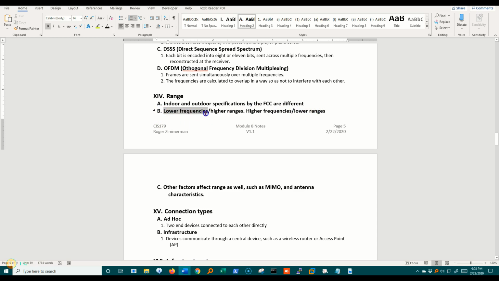And remember too that lower frequencies tend to get higher ranges, higher frequencies tend to get lower ranges. So with 2.4 I should get a higher range, with 5 gigahertz I should get a lower range. And then there are other factors, MIMO, OFDM and other things also affect it, as well as I said, the hardware involved.